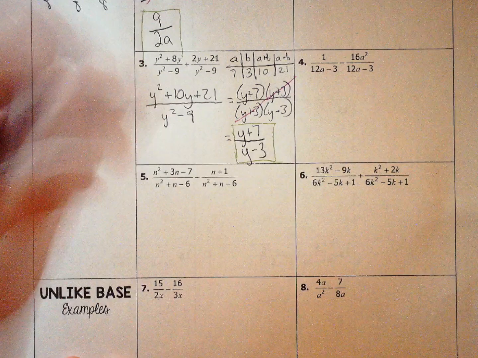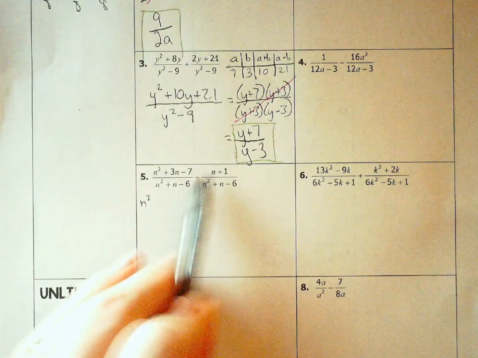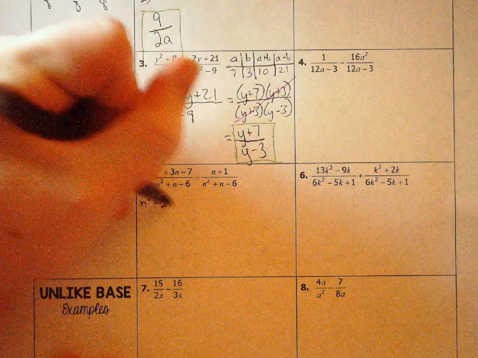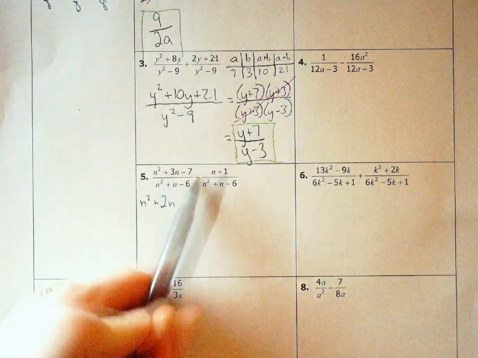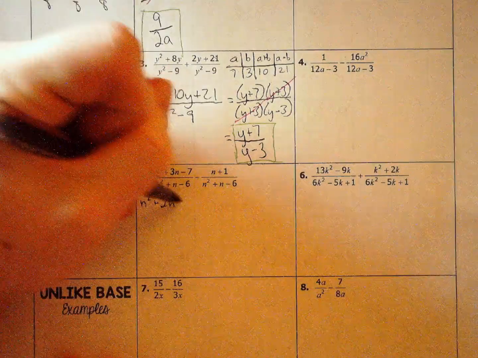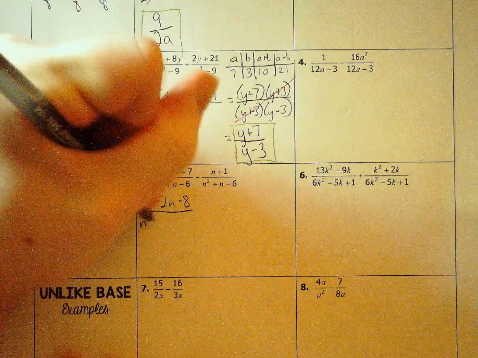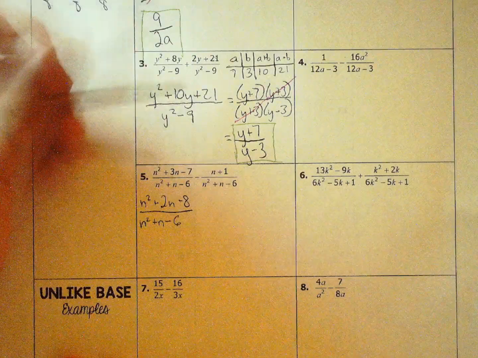N squared, there's no n squareds over here, so I have an n squared. Now I have 3n minus n. 3n minus n is 2n. And I have negative 7 minus 1. Negative 7 minus 1 is negative 8 over n squared plus n minus 6.